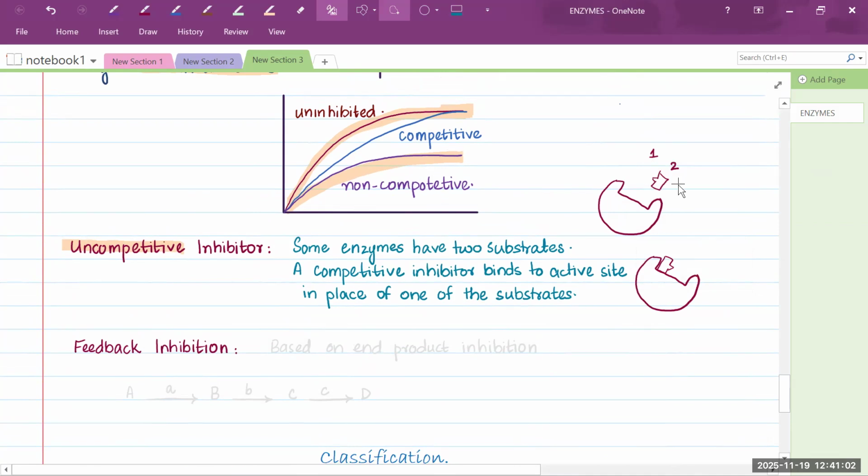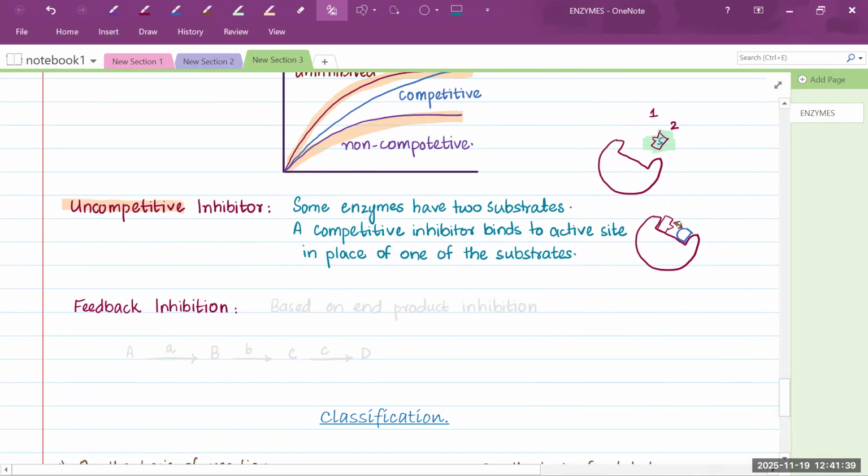But in place of this substrate, sorry, there comes an inhibitor which is in the shape of this, for example. Now you can see that this can bind to the active site as well, but this cannot make the product now. So that means the enzyme cannot work because it is not the right substrate for the enzyme. One of them is the right substrate, but the another one is not.